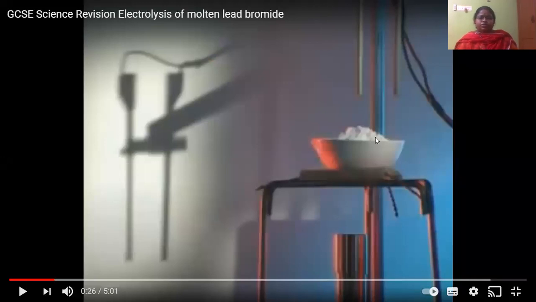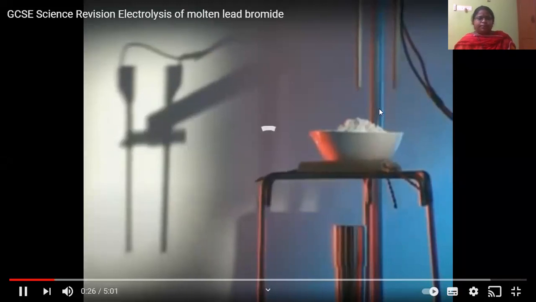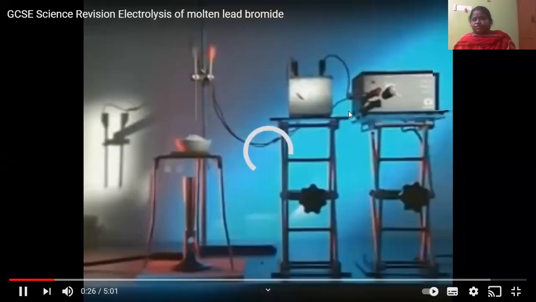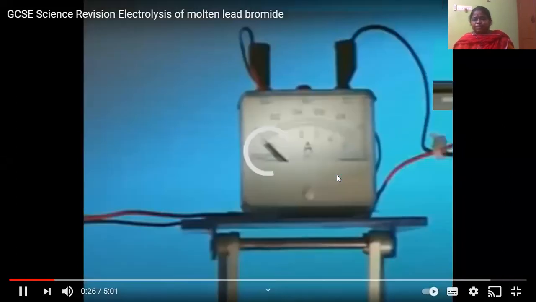So here in the China dish, they have lead bromide. Okay. So over here you can see 2 electrodes, right? Instead of a bulb, they have kept an ammeter here. That will show you whether the current passes or not. So the wire is connected with the ammeter and the ammeter is connected to the battery.